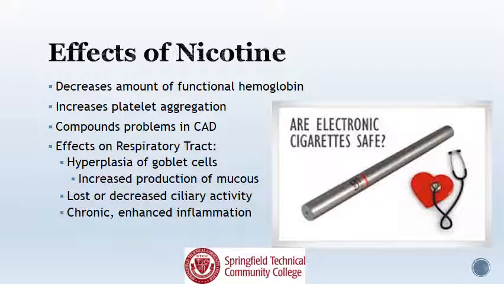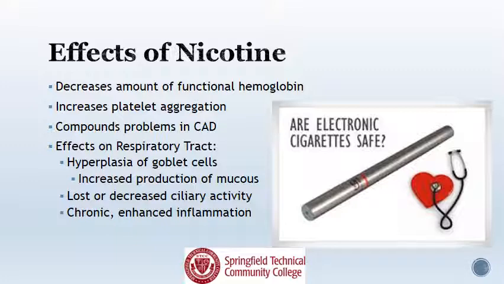So, those patients with COPD that are coughing, coughing, coughing, and they have 1,000 tissues at their bedside, it's because they have increased production of mucus, which unfortunately has a reverse effect of the nice, thin, protective mucus. It kind of clogs up the airways and makes it difficult for them to breathe.